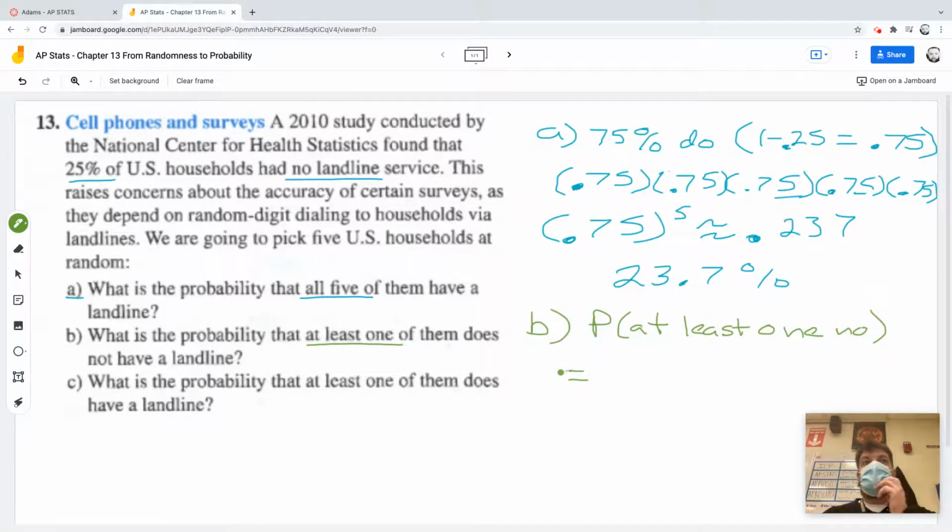At least one means that 1 doesn't have a landline, or 2 doesn't, or 3, or all 5 don't have a landline, which is the complement. So I'm going to say 1 minus the probability of all of them having a landline.